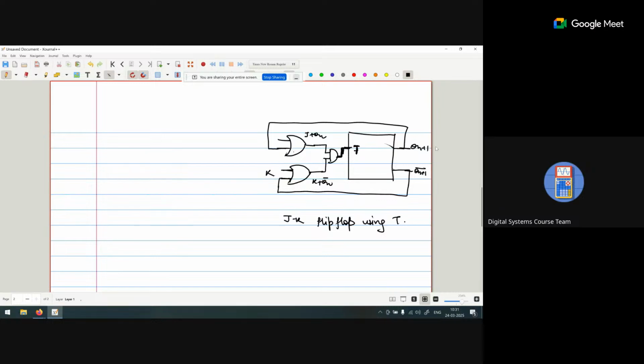Rohit, we are already getting the Qn bar now. So why are we using the not gate? Okay. Any doubt?